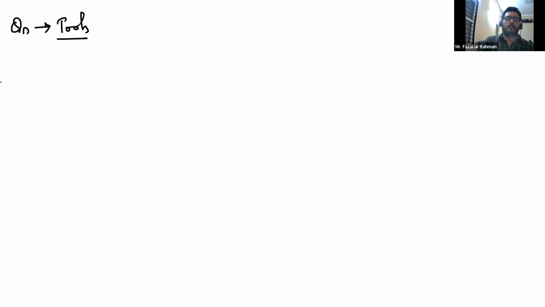Now, if I take quantitative tools, what are quantitative tools? Quantitative tools include the liquidity adjustment facility. Second one, bank rate.